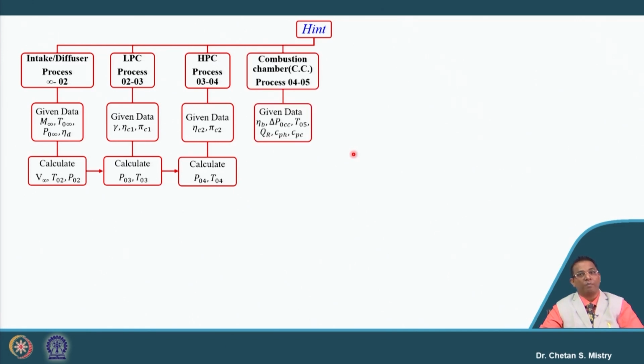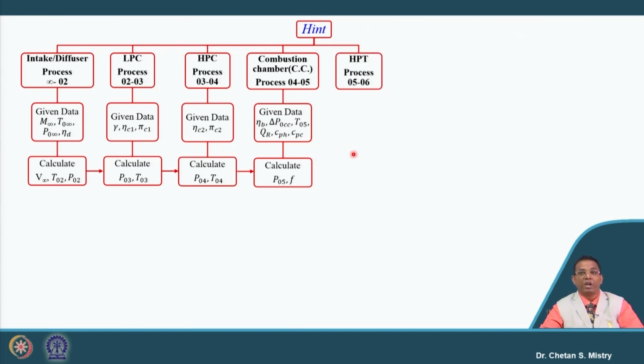We have our combustion chamber. For that, the maximum turbine entry temperature is given to us. So we will be doing our calculation for fuel air ratio. Our temperature is known to us. We can calculate my exit pressure from the combustor.